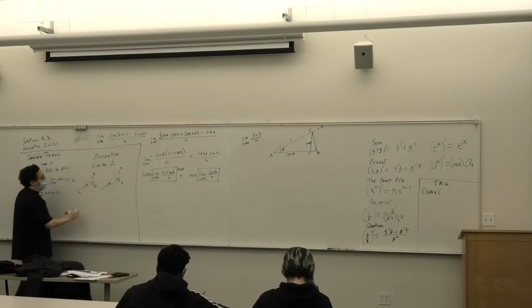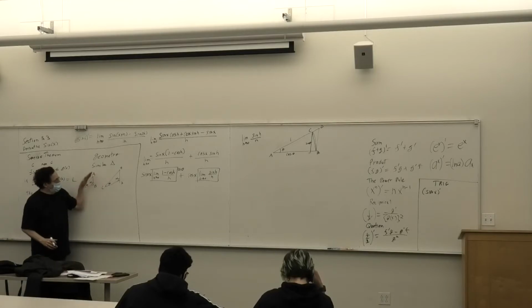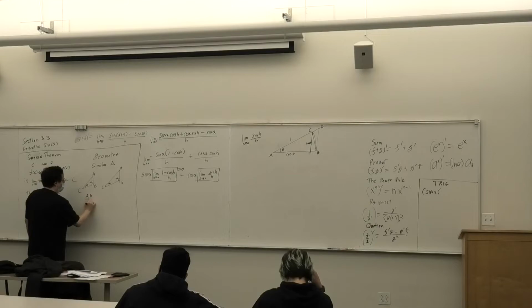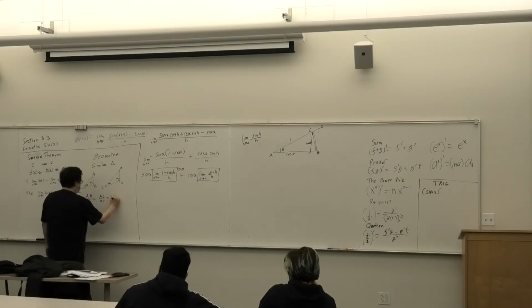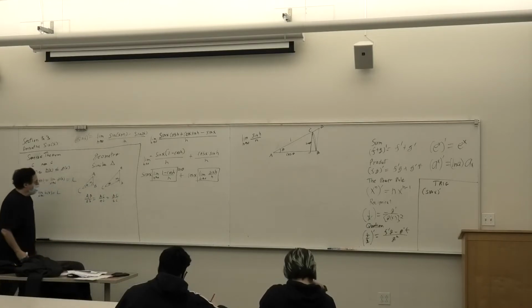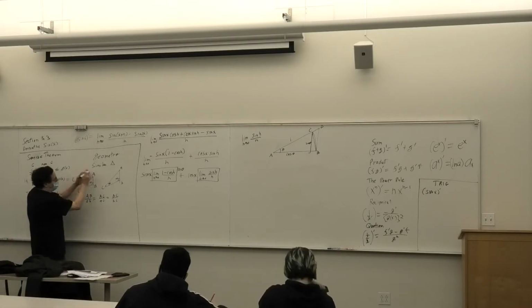And if you know they're similar, you know something about the ratio of their sides. So for example, you can say AB over little ab is equal to AC over little ac, equal to BC over little bc. In other words, the ratio of the sides is equal.